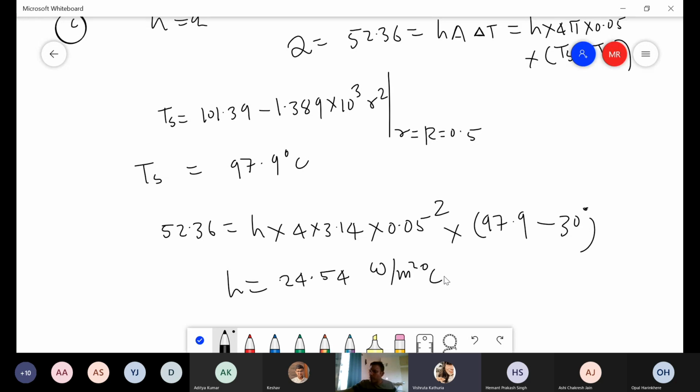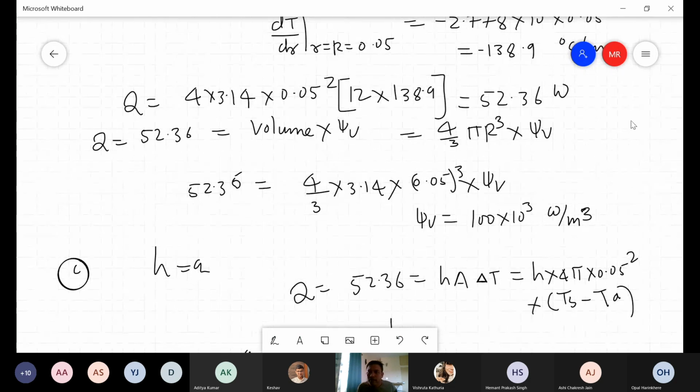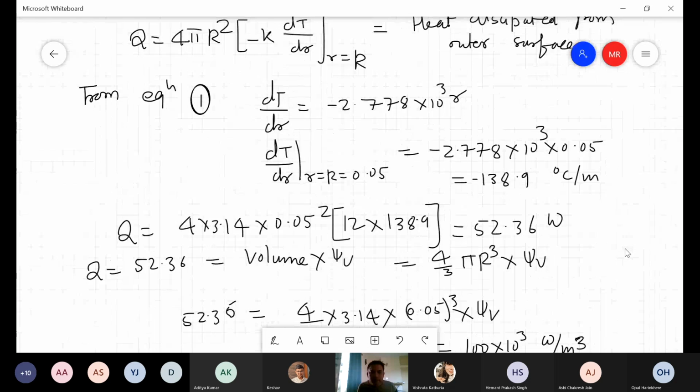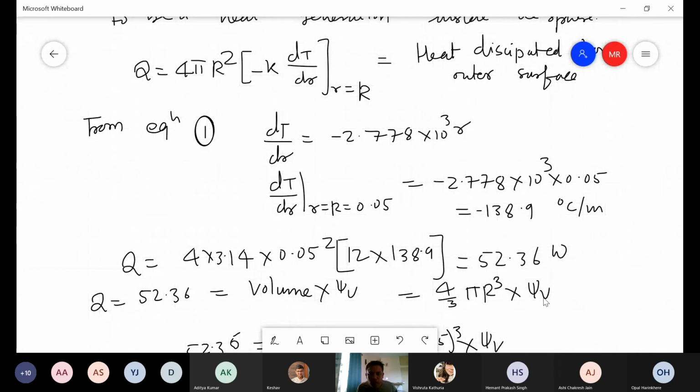Okay. Now let us go back to the same question which we were looking at. This question is completed. Now let us look at the query which we had. The query here was whether psi v will be a function of r. That is what some students were saying, and some students were saying that psi v will be a constant, isn't it?